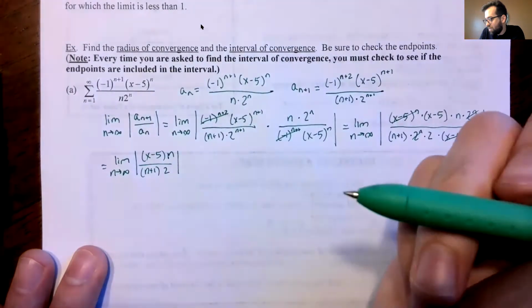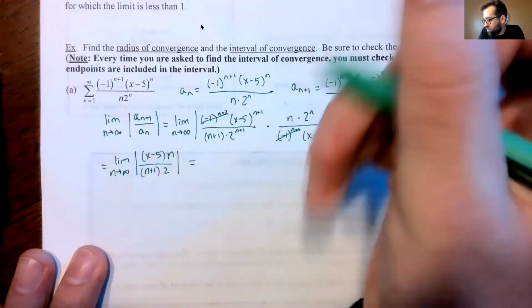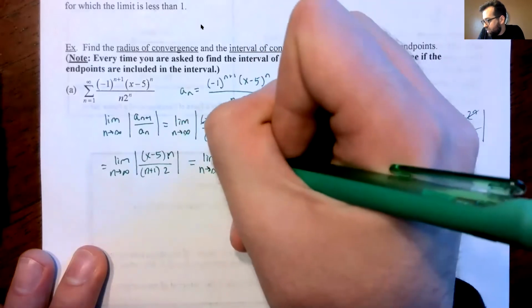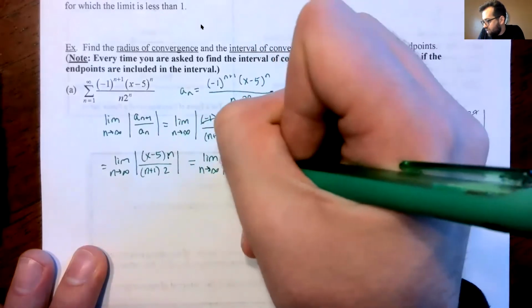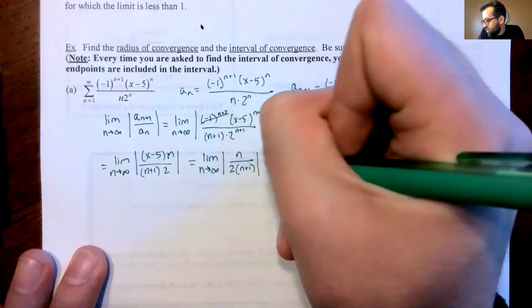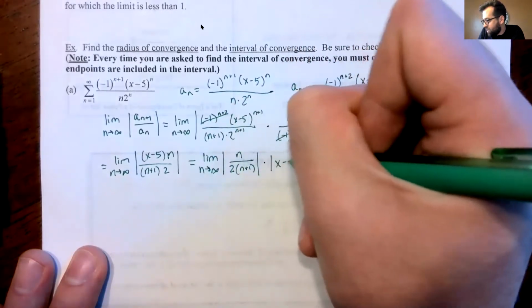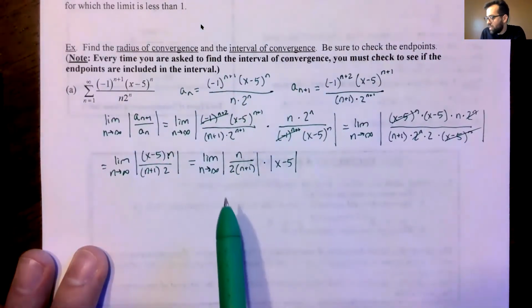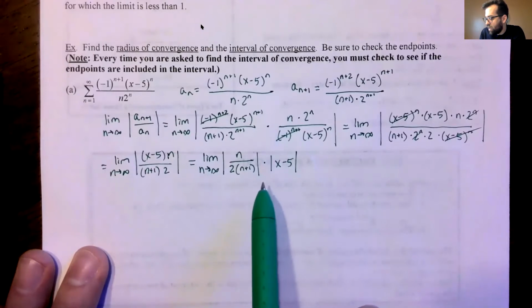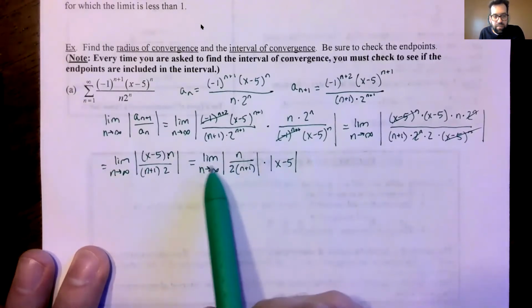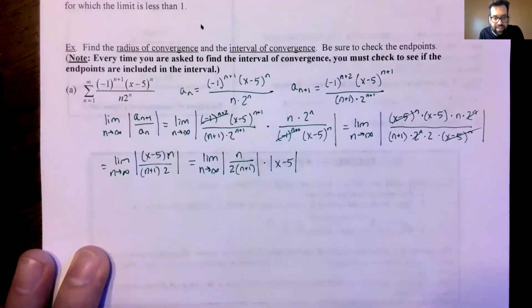So the x minus 5 can kind of come out. So I'm going to write it as the limit as n approaches infinity of the absolute value of n over 2 times (n+1), times the absolute value of x minus 5. So what I'm doing is separating the x portion from the n portion, because this limit only tells me that n is approaching infinity. It doesn't tell me anything about x.